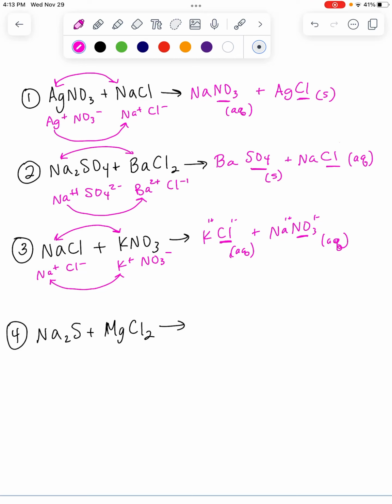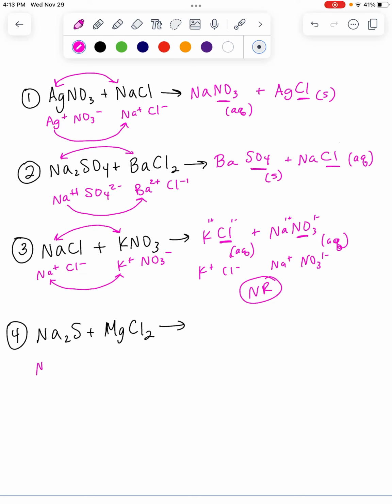So in reality, we would see all of these still being dissociated, still floating around in solution. And so we can also say no reaction for this because we wouldn't actually see any solid being formed. So you're predicting your products to justify why there is no reaction. There's no reaction because the two products I'm going to form are soluble.